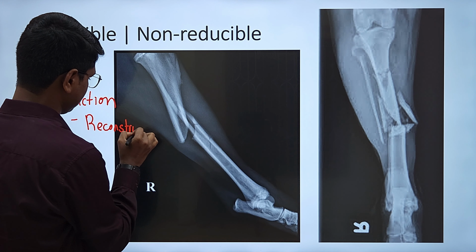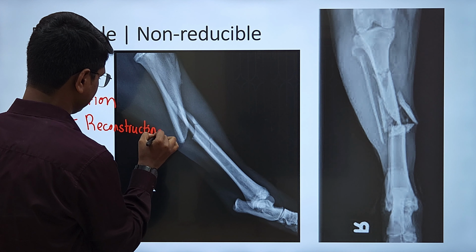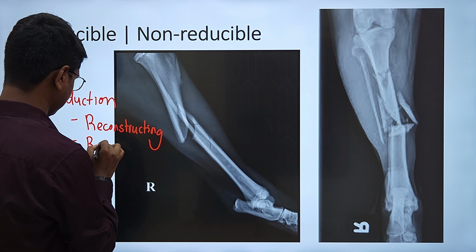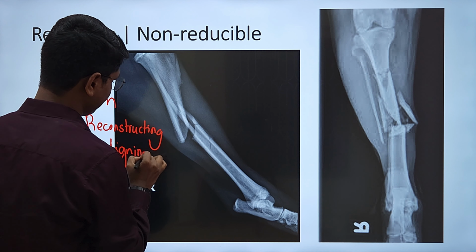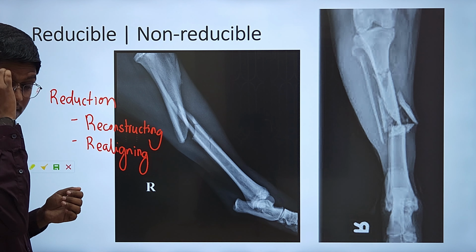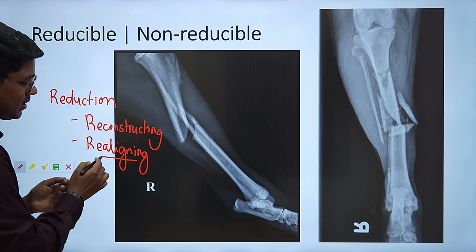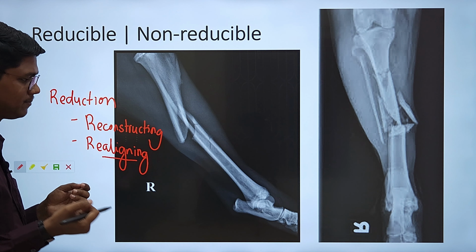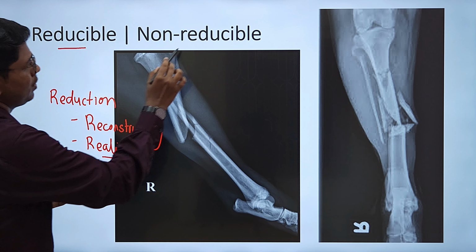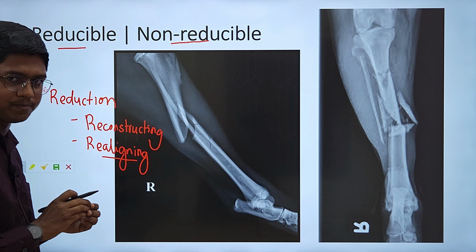Reconstructing simply means you are restoring the anatomical position, while in realigning you are concerned with the normal anatomical alignment. So it is reducible or non-reducible.